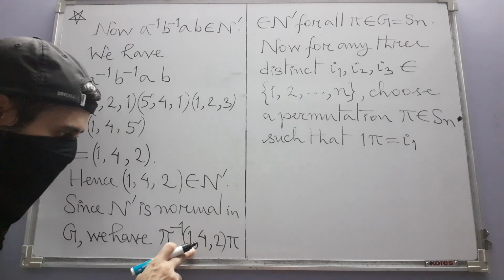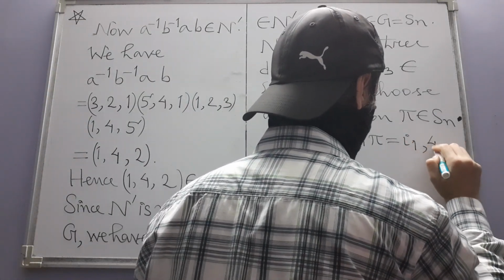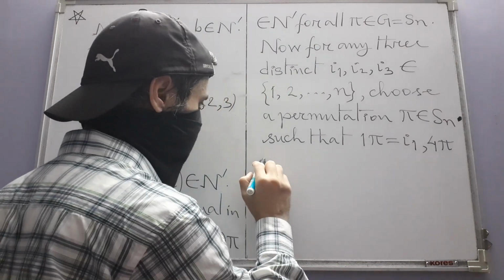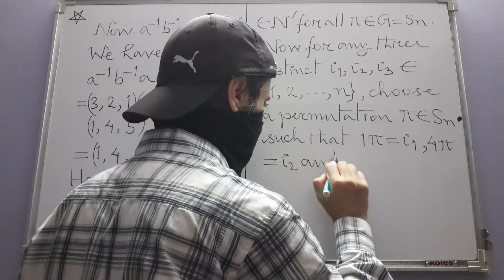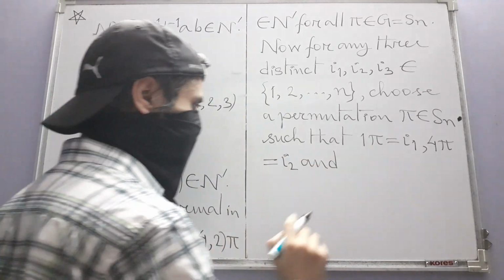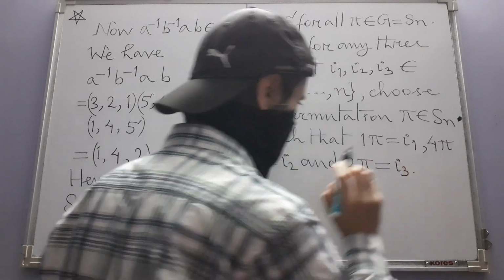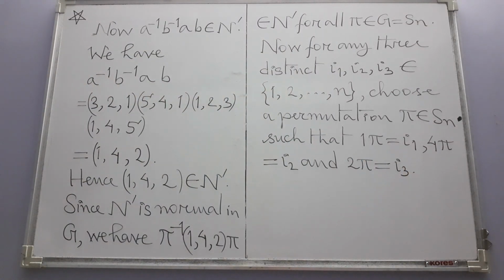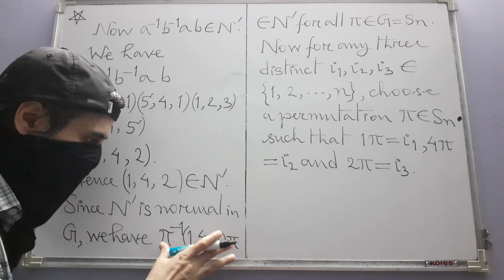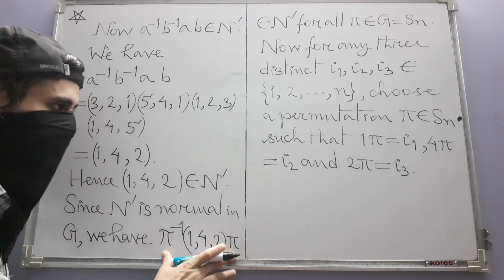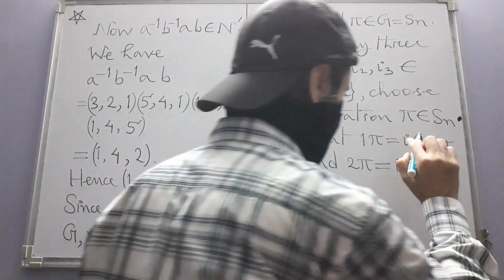Okay, so we are going to go in this order. The pi image of 4 is I2 and the pi image of 2 is I3. If we have this, then it's pretty easy to see that this product will be the 3 cycle (I1 I2 I3).